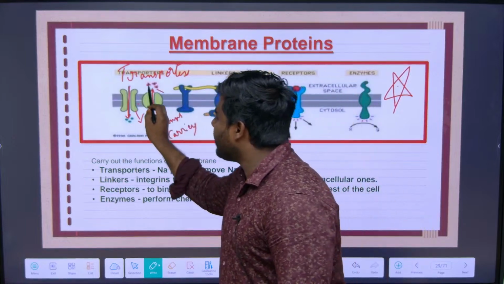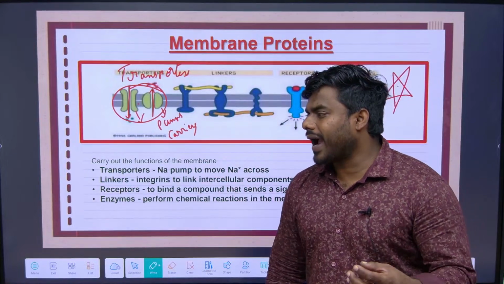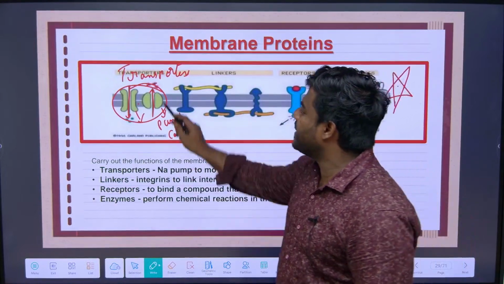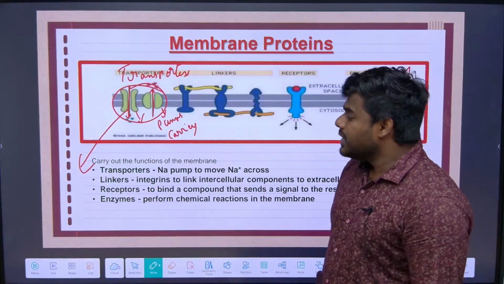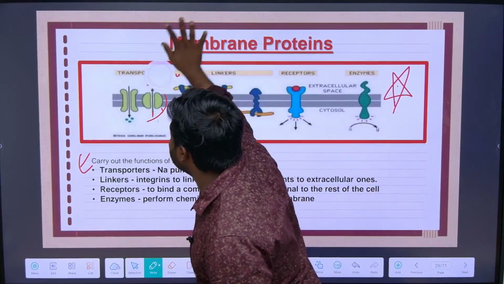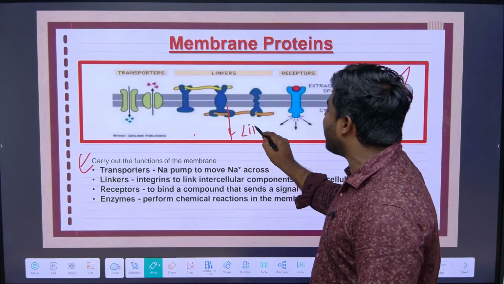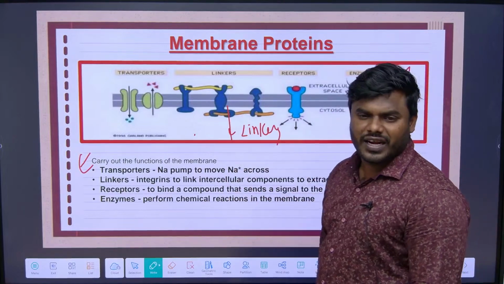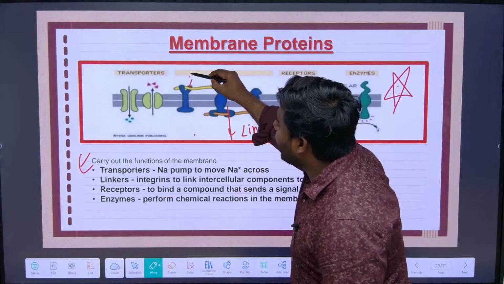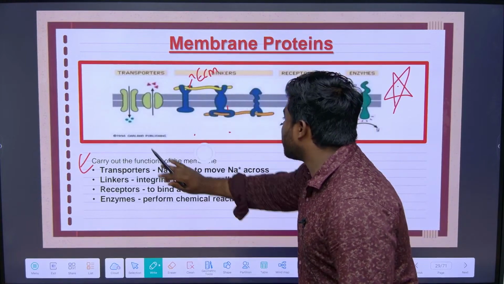Now when you observe chemically, these channels and carriers which are acting as transporters are basically proteinaceous in nature. Some of the proteins present in the plasma membrane act as linkers. What is the major function of a linker? It connects the extracellular matrix to the cytoskeleton.